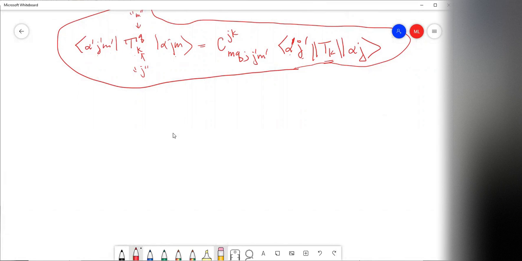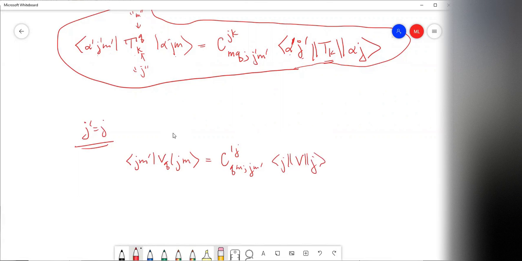One interesting trick you can do is, say you were looking at just the matrix elements for a fixed J. Say you were looking at J prime equal to J. Then that's interesting because the Wigner-Eckart theorem tells you that, for a vector operator V_Q, the matrix element between J M prime and J M becomes the Clebsch-Gordan coefficient C 1 J, Q M, J M prime, times this reduced matrix element.